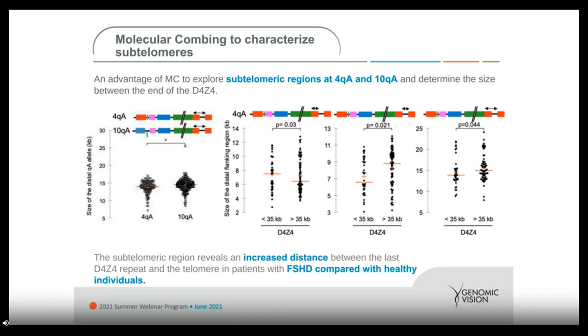But when we look carefully at the subtelomeric regions in patients having a different length of the D4Z4, we see an increased distance in D4Z4 repeat contracted patients compared to healthy individuals, of course. This is the power of our GMC, which brings full insights into what might happen and helps physicians make a better diagnosis for our patients.